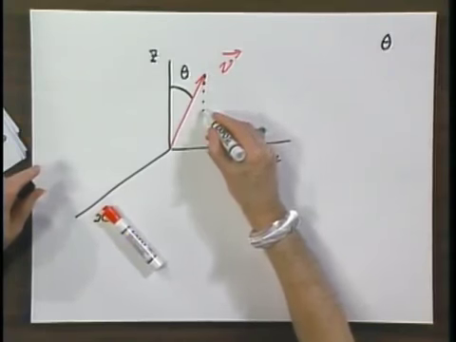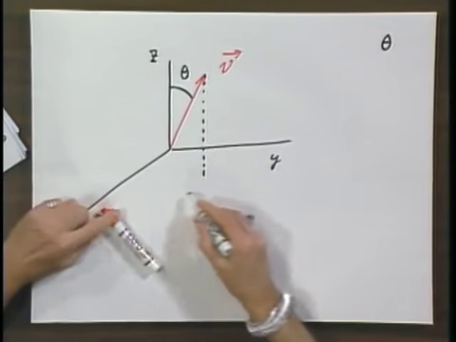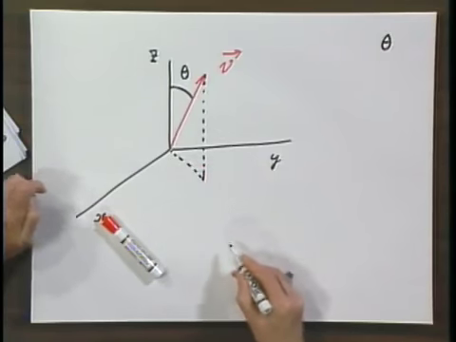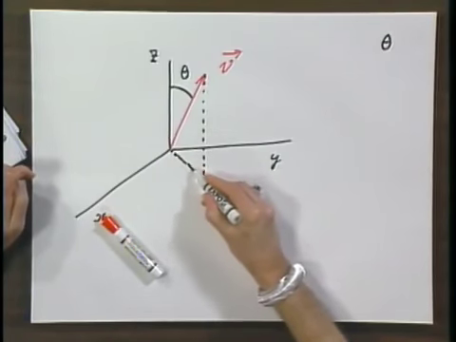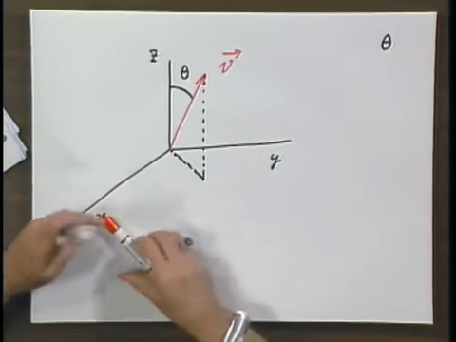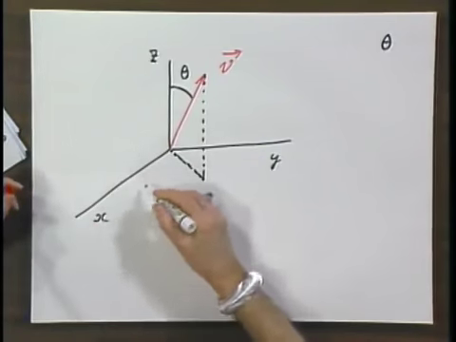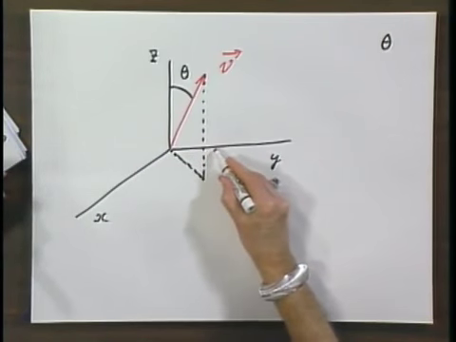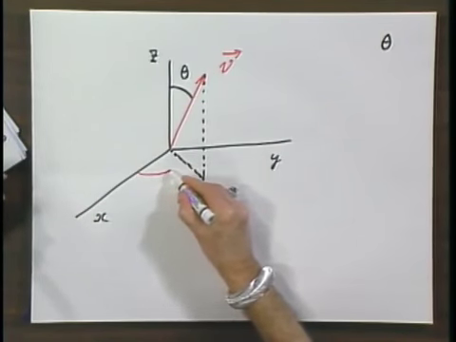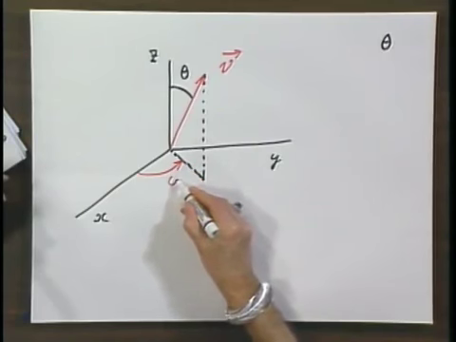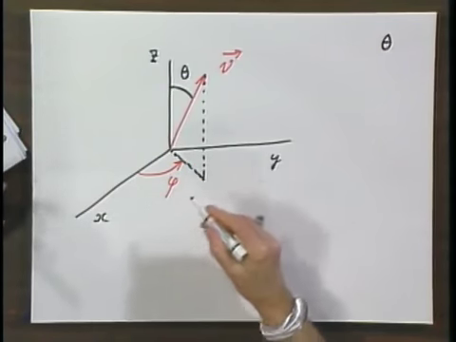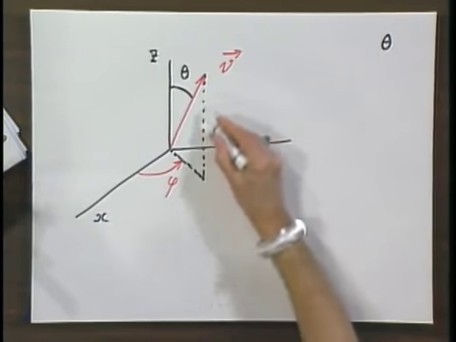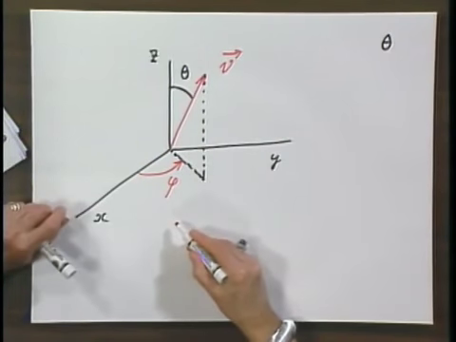If I project this vector v onto the xy plane, which this is the projection, I could then identify another angle measured from the positive x direction in the direction to the positive y direction, and I could call this angle phi. That specifies the direction in this horizontal plane of the projection of v on xy.